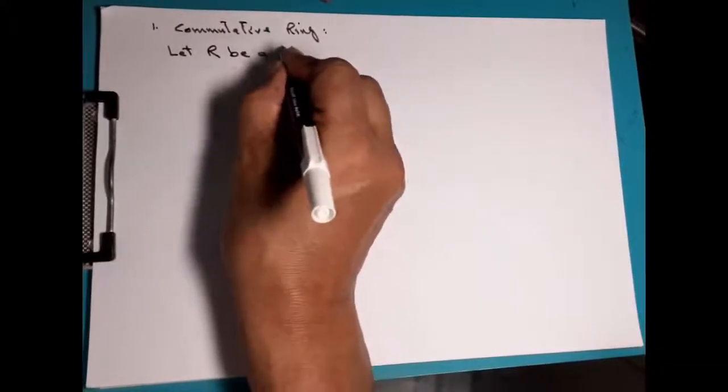Please note that when we say that R is a ring, it is understood that there are two binary operations. One is denoted by the sign plus, we call it addition, and the second we mostly denote by juxtaposition and we call it multiplication. Under addition, R is an abelian group and the identity element is denoted by 0.